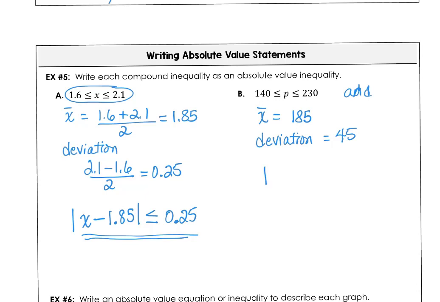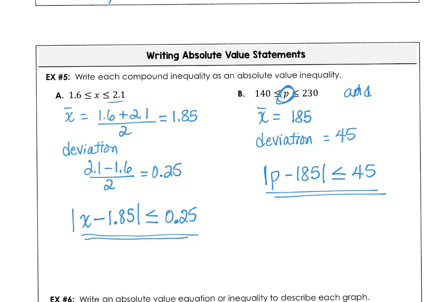So we know that the absolute value of x minus 185 is less than or equal to 45, but I'm not paying attention. My variable was p, so we want to change that x and make that variable p. So the absolute value is written in that format for our inequality here.